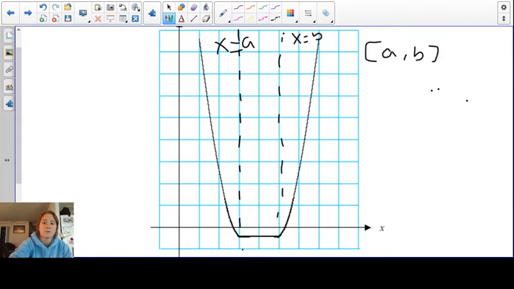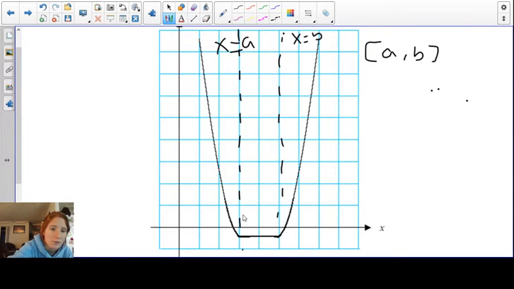On this interval, when we approach a, if we take a look here, I'm following it down, my x values are getting bigger while my y values are getting smaller.